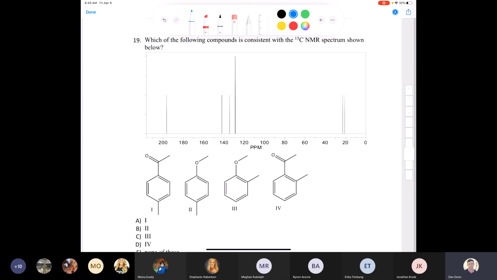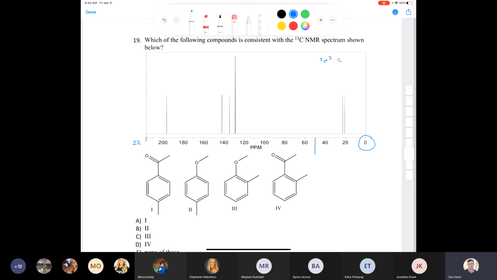This is a carbon-13 NMR spectrum. You see that it ranges from 0 all the way up to around 220 parts per million, as I told you. And we also saw that we can cut this up into 4 different regions. The 0 to 50 range is for sp3 hybridized carbons.